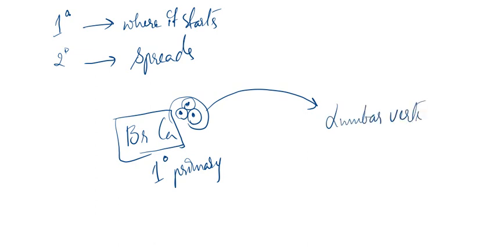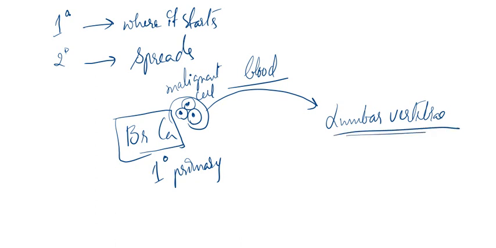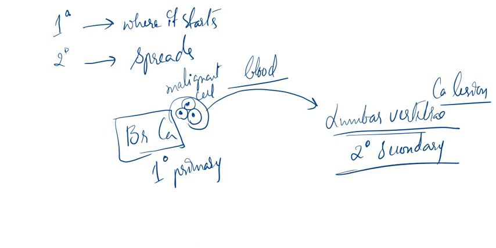Through hematogenous spread, that is through blood, these malignant cells will flow through blood and they will invade the lumbar vertebra, and here also they will cause carcinomatous lesions, or this lumbar vertebra may also be affected due to the carcinomatous condition. Now this one will become the secondary. That is what is meant by primaries and secondaries.